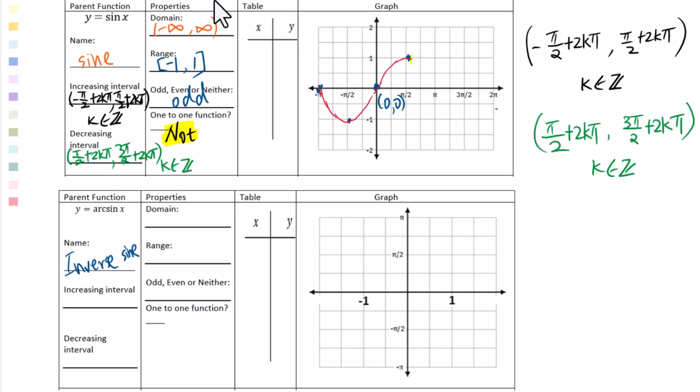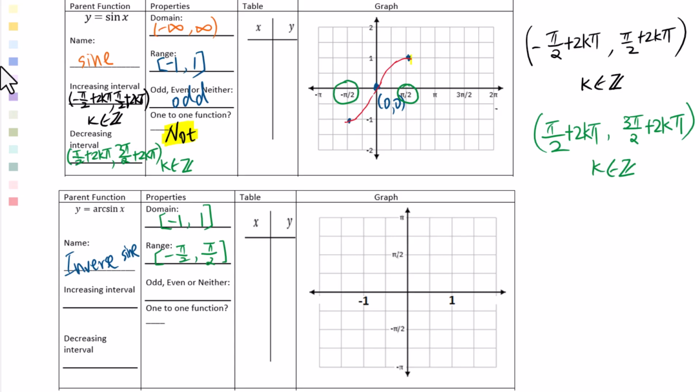We make the domain of sin x between negative pi over 2 and pi over 2. In this way, we get a one-to-one function. So for inverse sine x, the range is between negative pi over 2 and pi over 2. Domain is between -1 and 1.